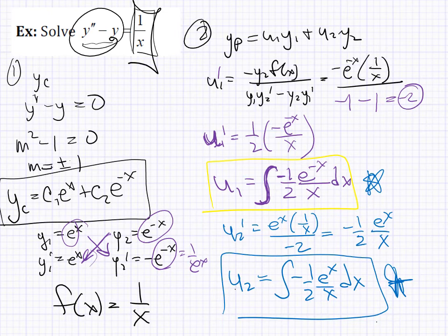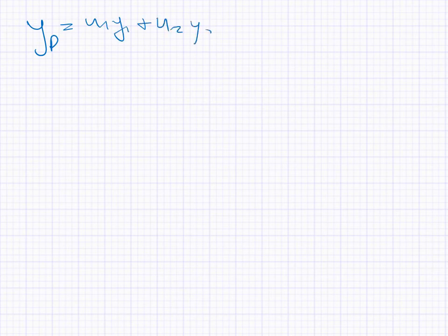All right. So once we have our u1 and u2, and you say, okay, that's the best we can do with those, we can still form our solution. Our y sub p is u1 y1 plus u2 y2, in which case u1 and u2 are just integrals. So we're going to have the integral of, what was it again, 1/2 e to the minus x over x dx, and that's going to be multiplied by e to the x.